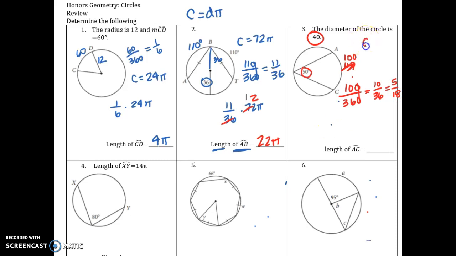Since the diameter is 40, the circumference would just be 40 pi. So I have 5 over 18 multiplied by 40 pi. I can do a little bit of canceling here. They both divide by 2, so that's 9 and 20. 5 times 20 is 100, so 100 pi over 9.